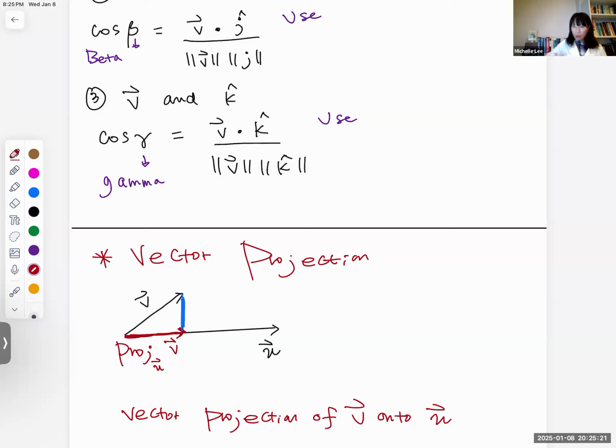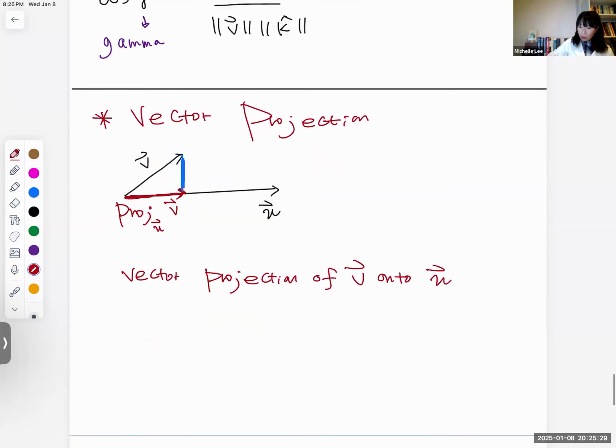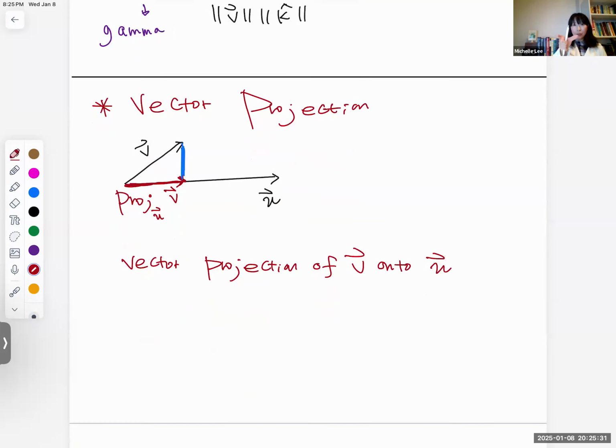All right, now let me show you this. Let's talk about the magnitude of the vector projection of V onto U. This is this length, and then we take the magnitude.